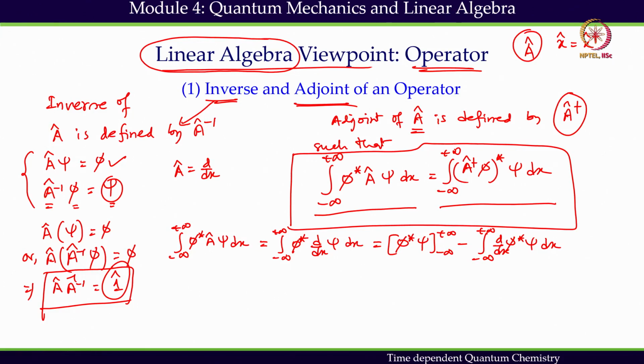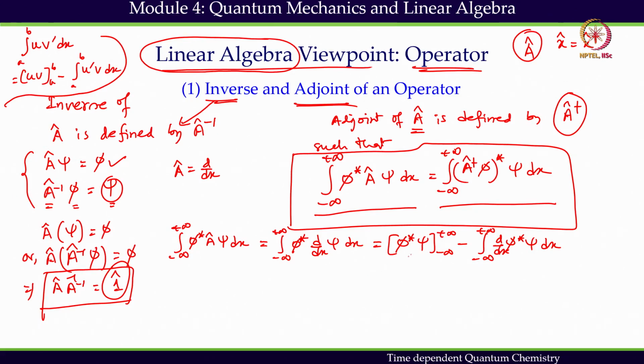If I have the limits a to b, u v dash dx, then this is going to be u v from a to b minus the integral from a to b of u dash v dx. That is the general formula of integration by parts, and that is exactly what we have done here.